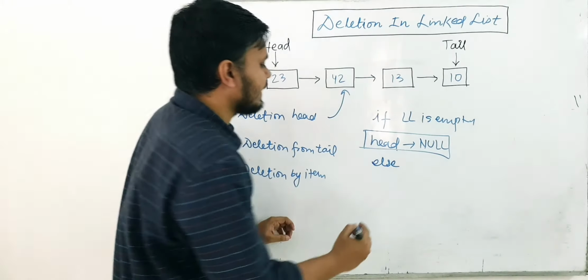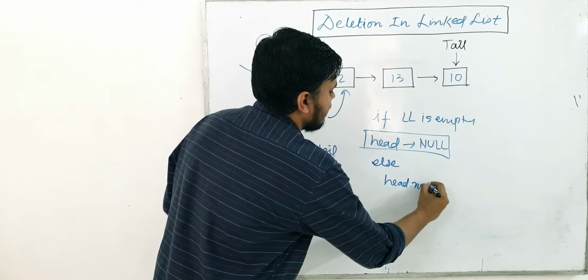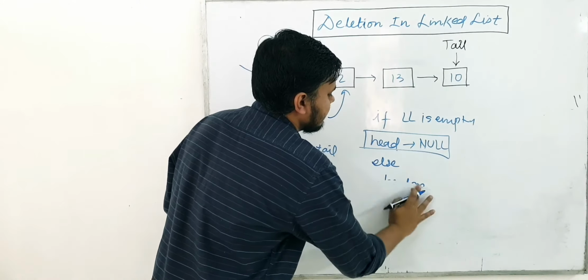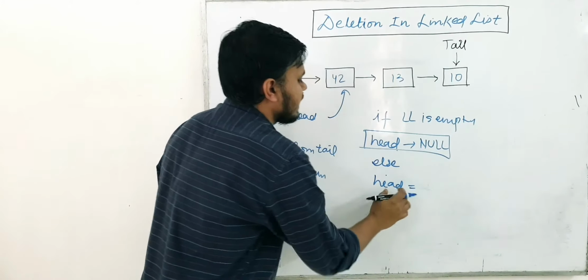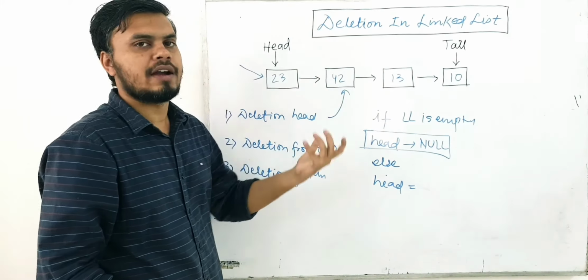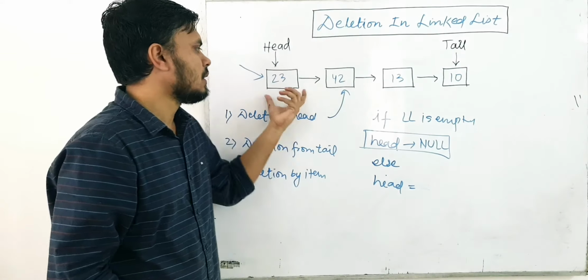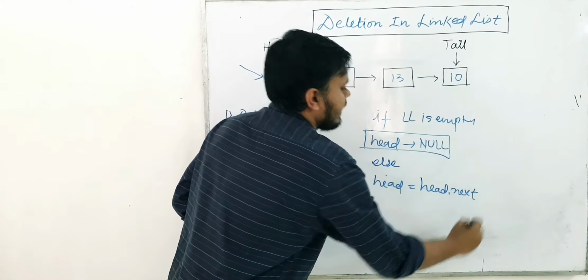Basically what you will do is you will assign head. You will make this node your head node, and you will fetch this node by writing this code, head dot next.